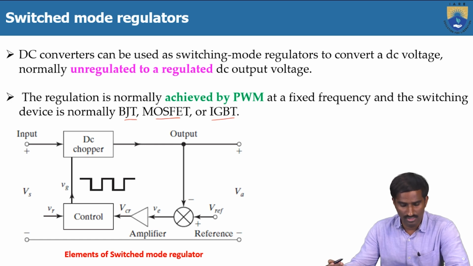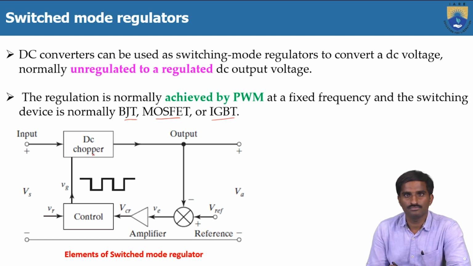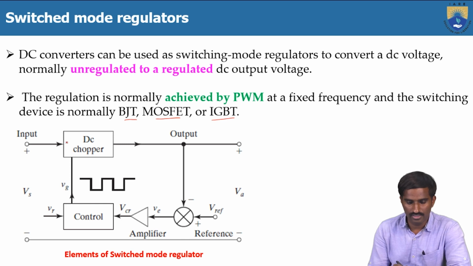As you can see, the DC chopper is there, and in addition to this DC chopper, to apply the PWM technique we are using different components, which are some control unit and amplifier, and this is some adder, which means we can get addition or subtraction based on the input signals.